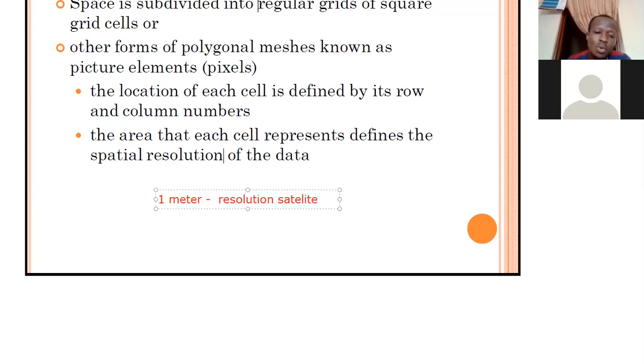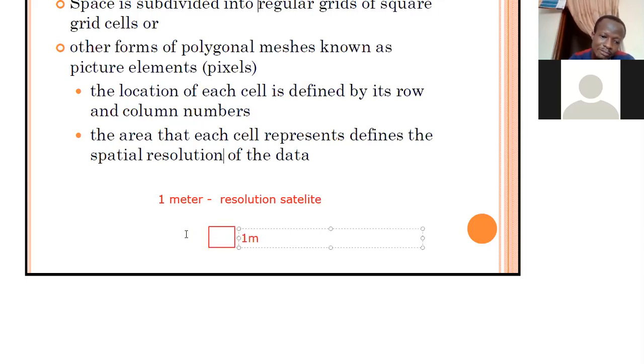It means that the squares that were captured on the ground when the satellite was passing over the area were 1 meter by 1 meter. So every object that falls into a square of 1 meter by 1 meter is going to be generalized. There's some kind of generalization that goes on.